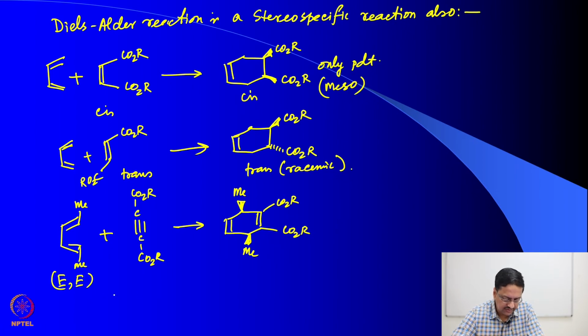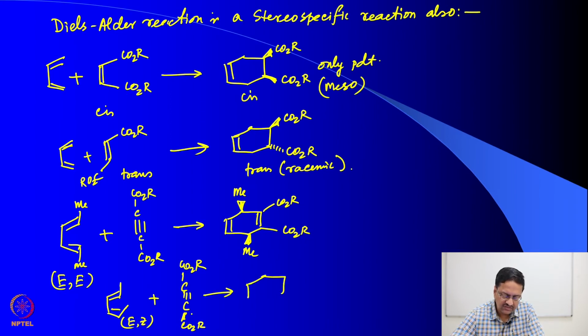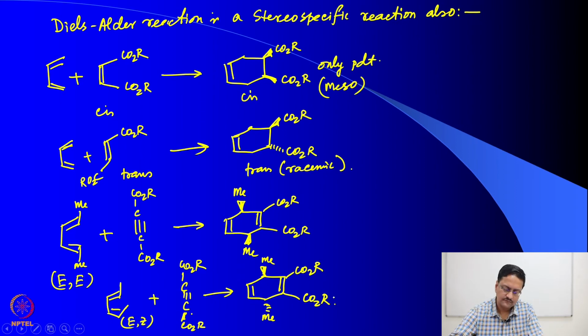But if you take the corresponding EZ compound and treat it with the same alkyne, one would generate the corresponding trans isomer. So, this is the only product.